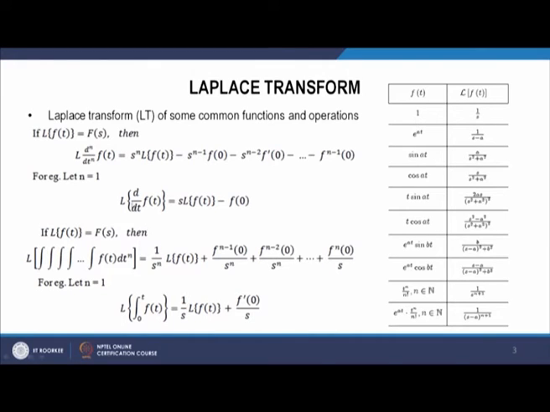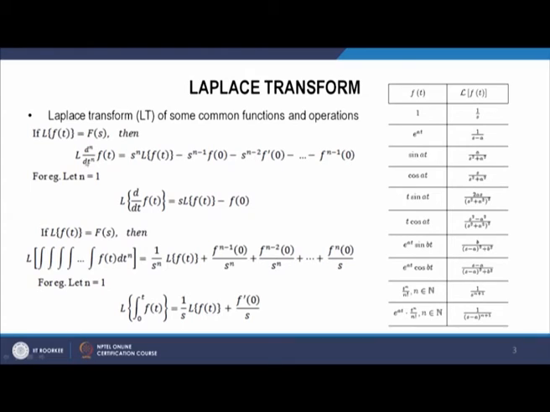We can recall the formula: the Laplace transform of d^n by dt^n f(t) equals s^n F(s) minus s^(n-1) f(0) minus s^(n-2) f dash 0, and so on, minus f^(n-1)(0). Except for the first term, s^n F(s), all the other terms are defined at the initial conditions, and in the definition of the transfer function we already said that initial conditions should be 0. So all these terms except the first will be 0.